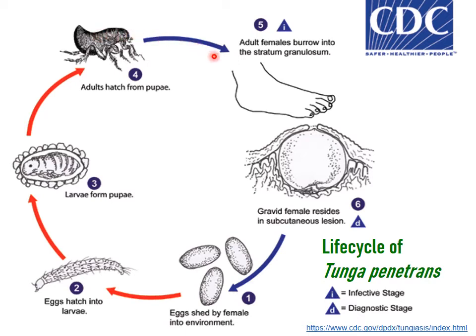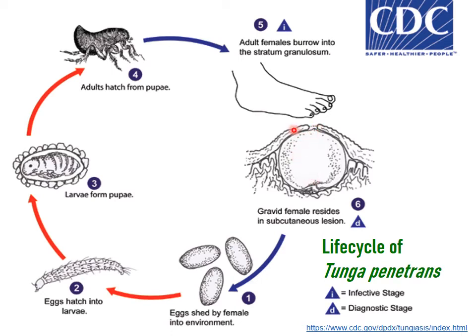So the flea will look for a human host and bite the human host. The male and female flea can be found on the human host. However, only a fertilized female flea, which is this, will burrow herself under the skin.